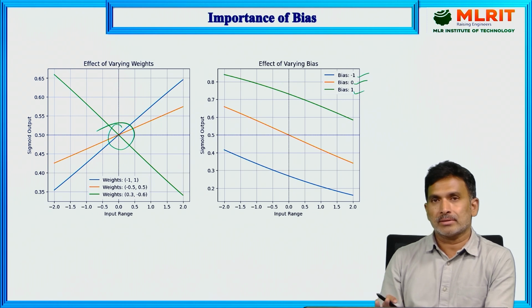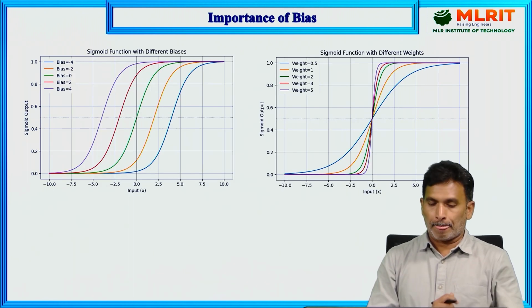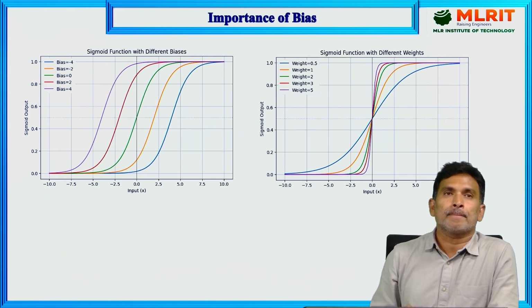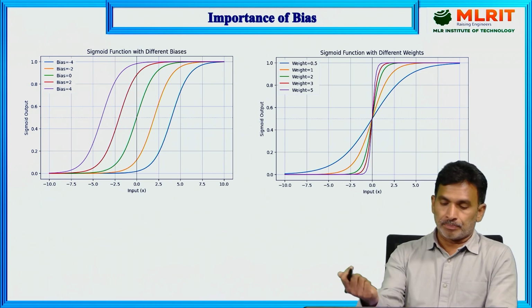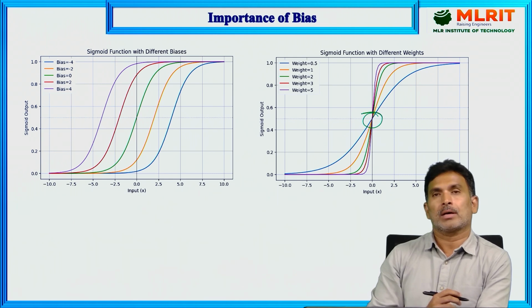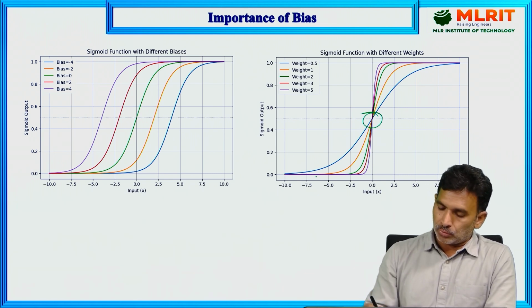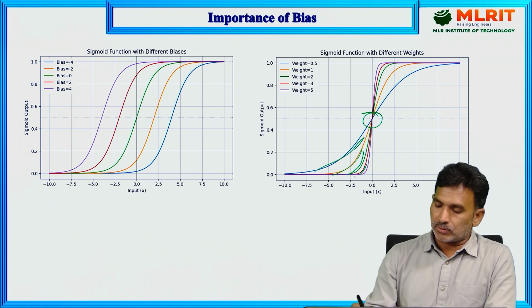This is the importance of bias in deep neural networks. Similarly, take a sigmoid function without bias, where bias is equal to 0. Then we can see the changes only on this side or this side; this remains constant.